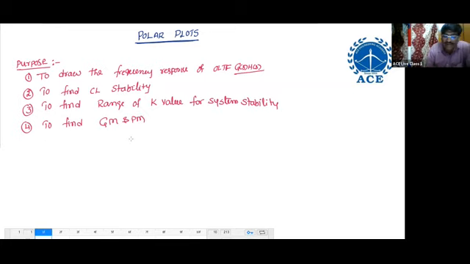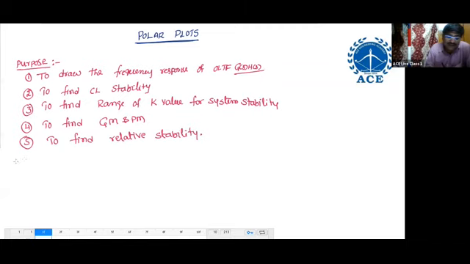To find relative stability. This is the purpose of polar plots.